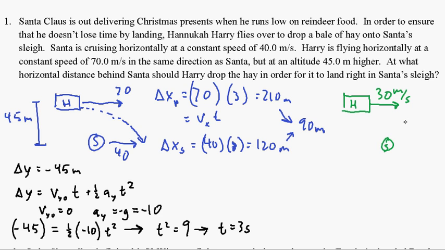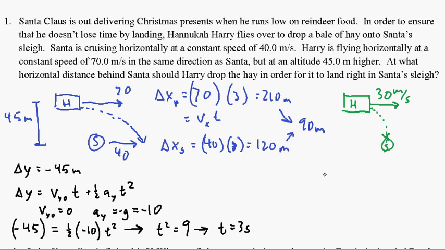So all Harry has to do is bomb the hay onto the stationary Santa. The numbers end up being the same because it takes 3 seconds to fall. The hay should reach Santa right when Harry goes overhead because they have the same horizontal velocity. So it's 3 seconds times 30 meters per second, 90 meters.